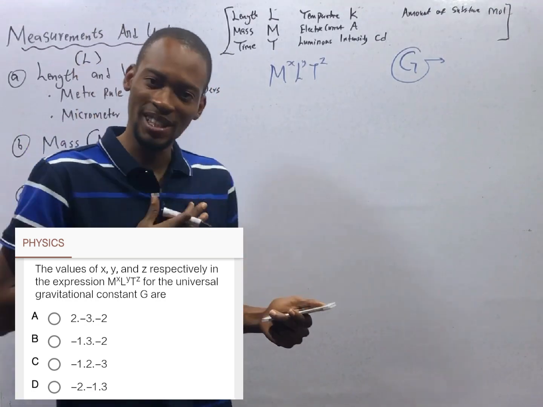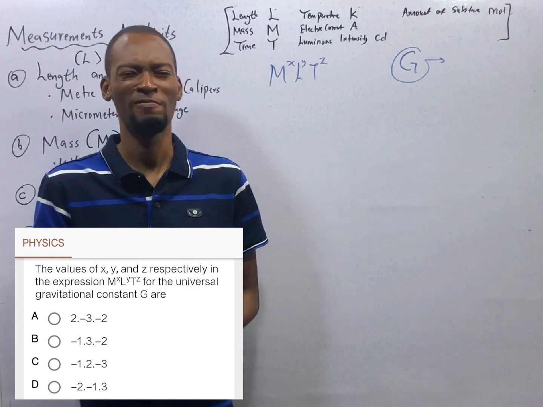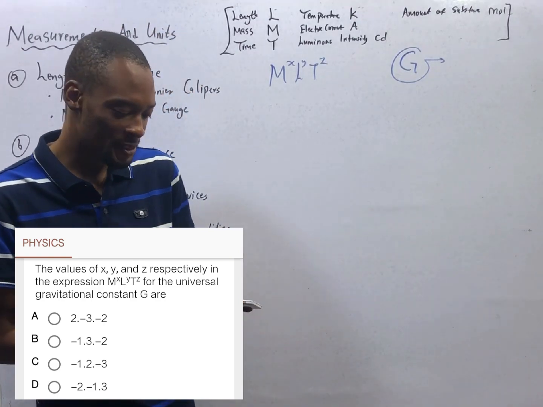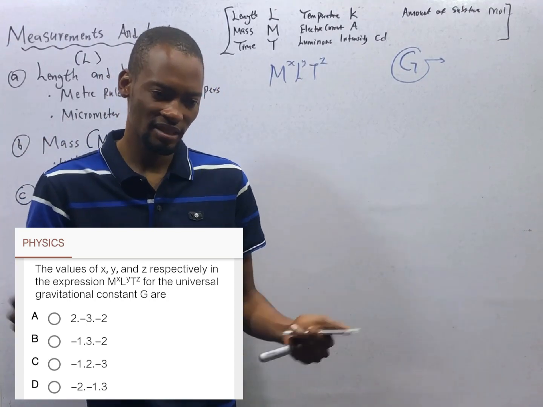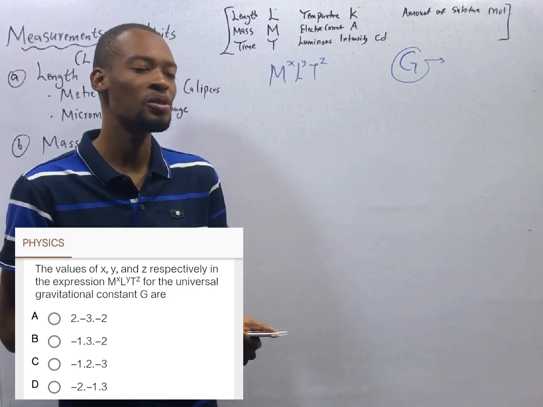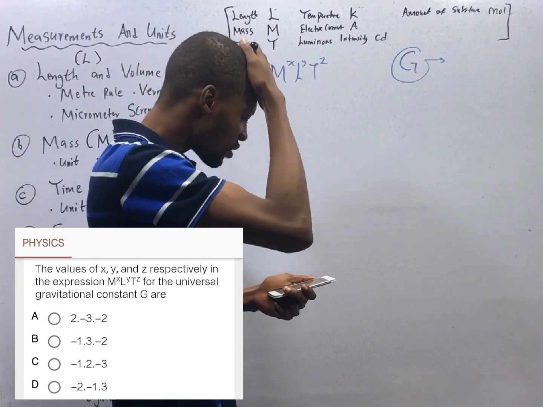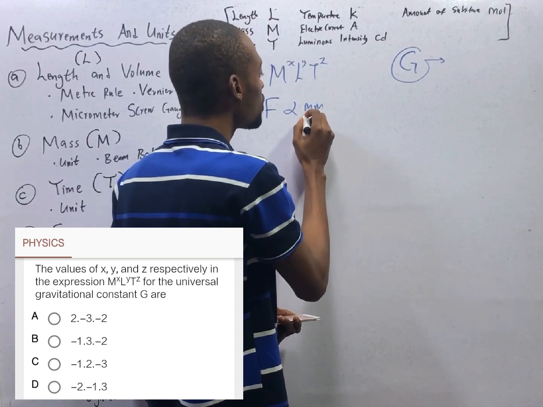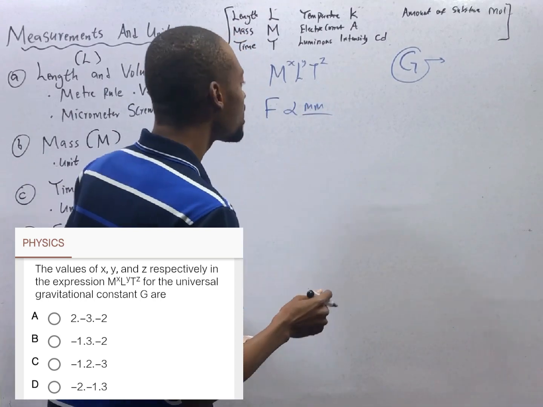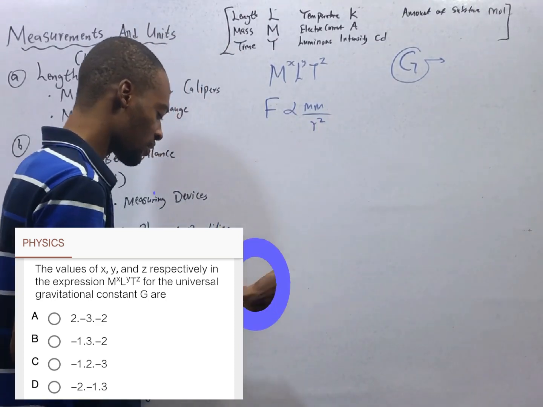According to Isaac Newton, people called Isaac are usually intelligent. Isaac Newton says that bodies in the universe are attracted to each other by a force. This force is proportional to the product of their masses and inversely proportional to the square of their distance apart.